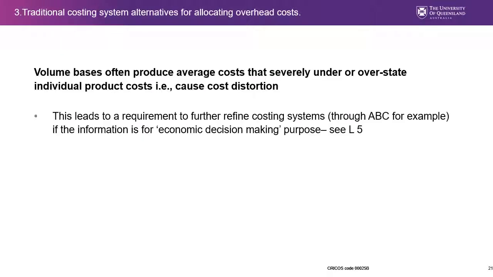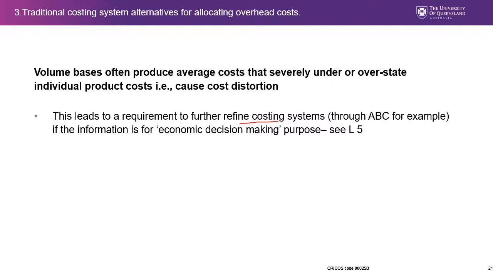Volume bases often produce average costs, and that will severely under or overstate individual product costs and cause cost distortion. This leads to a requirement to further refine costing systems. If I know that, for example, product A and product B use the same activities, then it's not a problem.